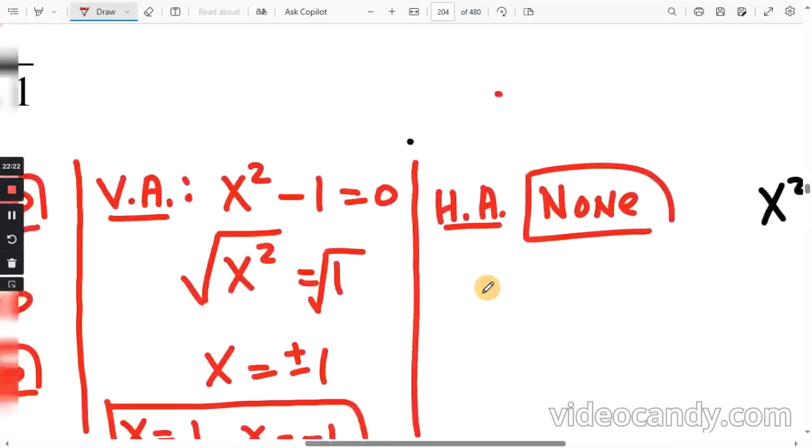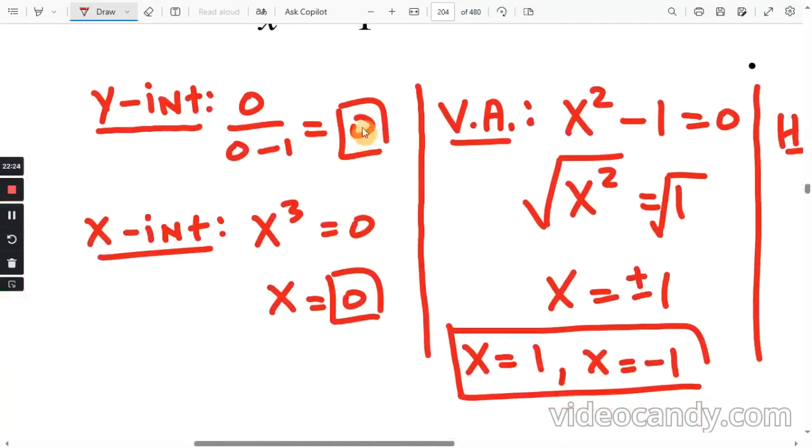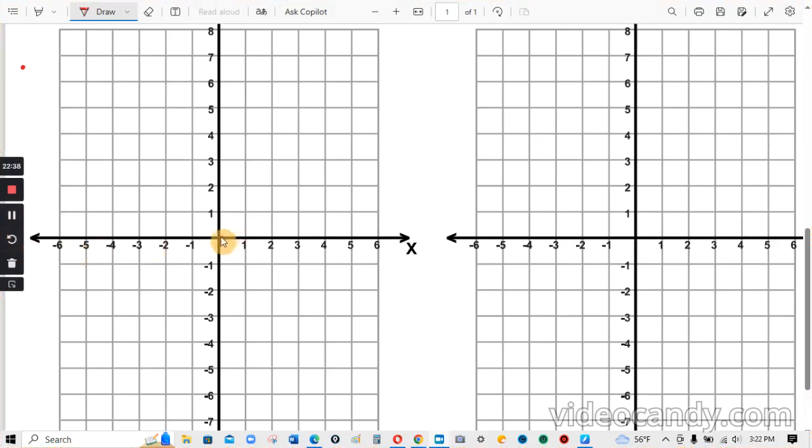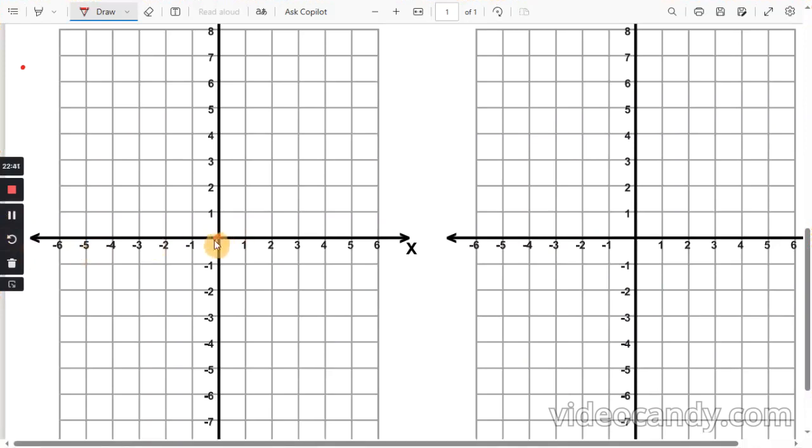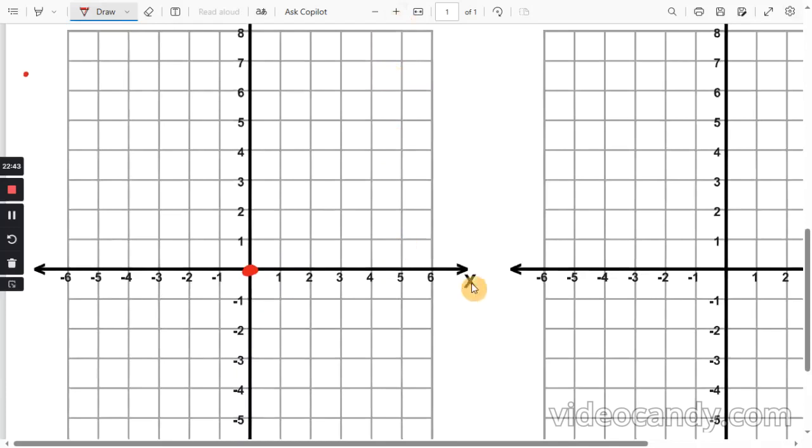All right, so let's go to the graph. We have a 0 on the y. We have a 0 on the x. So one point is going to be at 0, 0. And then these asymptotes are at x equals 1 and negative 1. On the x-axis, we go to 1. And the vertical asymptote is the dashed line that goes through x equals 1.